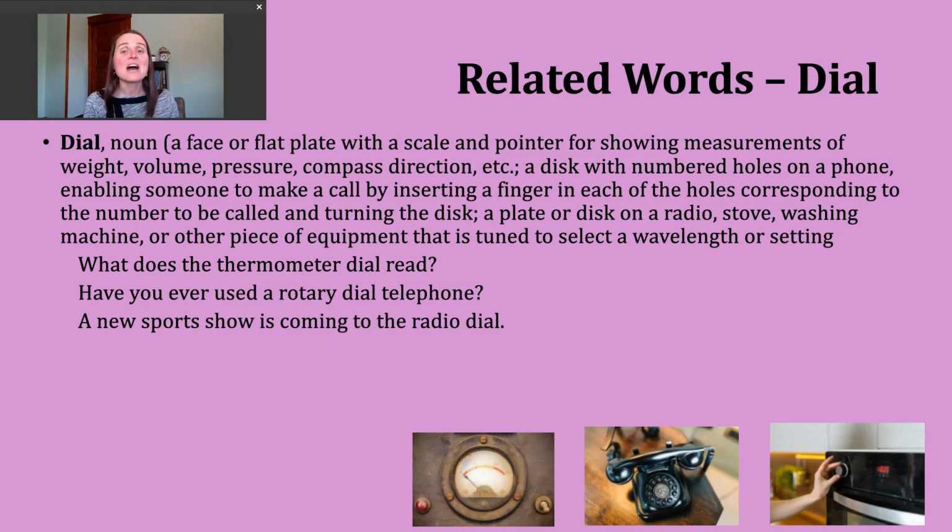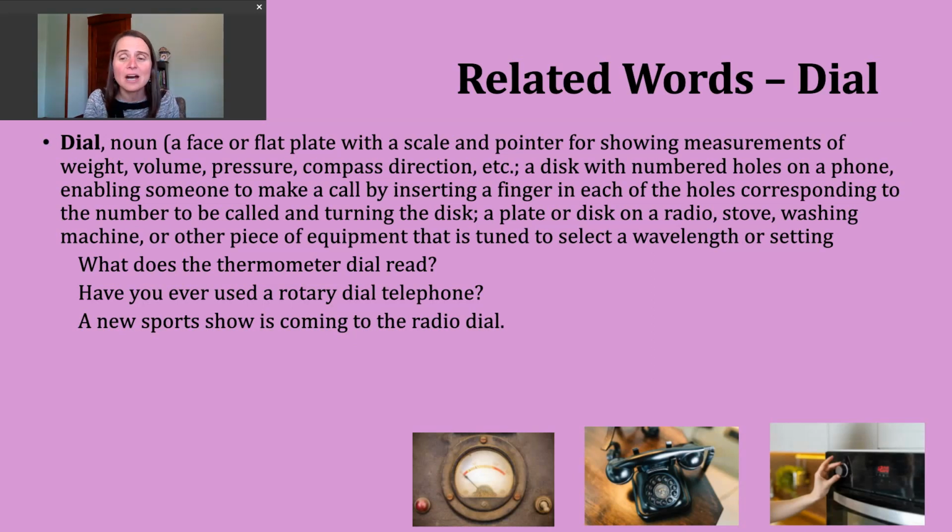Now, a third way that dial gets used as a noun is to refer to what's called either a plate or a disc that's on a radio, could be on a stove, a washing machine, some other type of equipment that's used to select a particular setting.